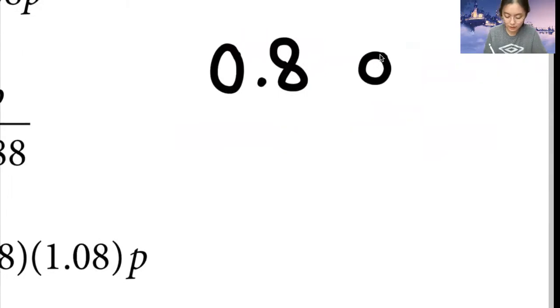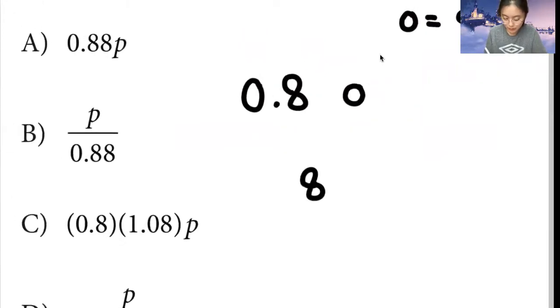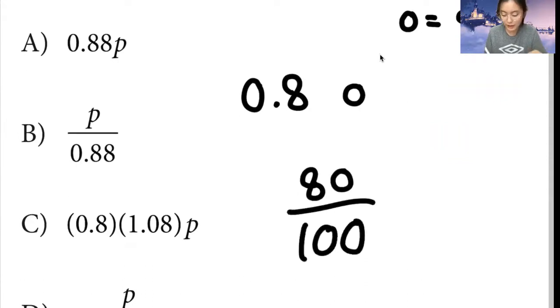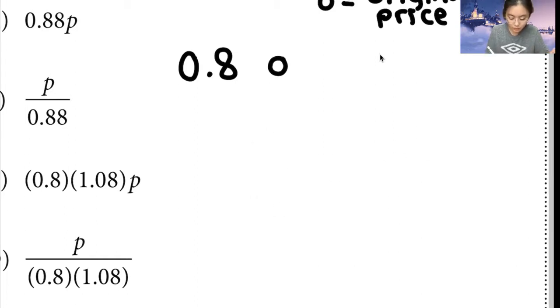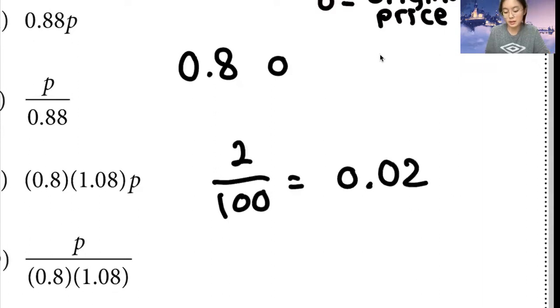So actually, if it's 80%, then it's 80% out of 100, right? Because a percentage can only go up to 100%. So you move the decimal point and that will be 0.8, right? Same goes for 2%. That's going to be 0.02 because you move the decimal, right?